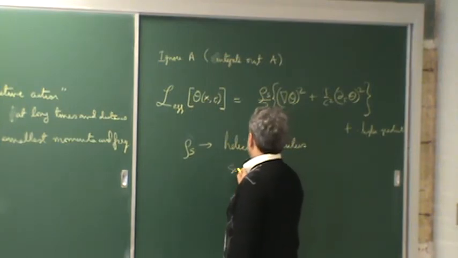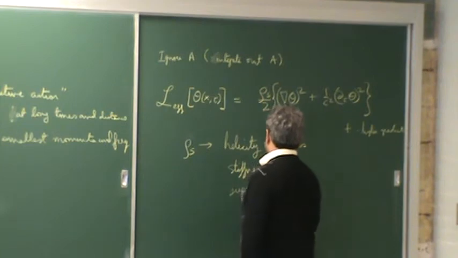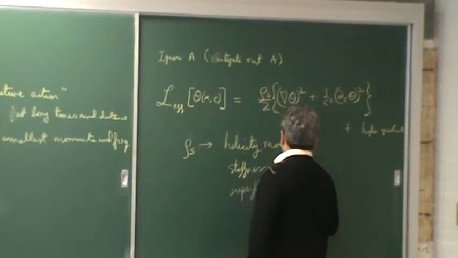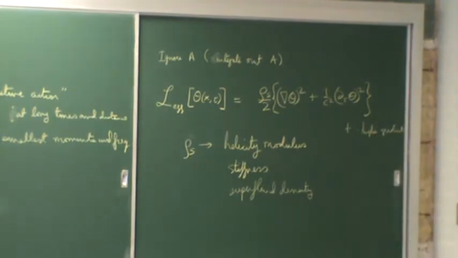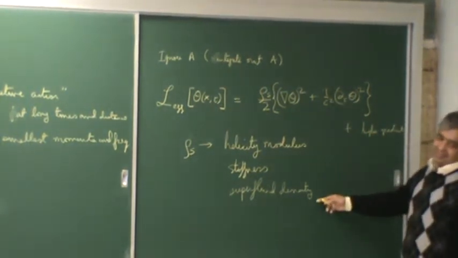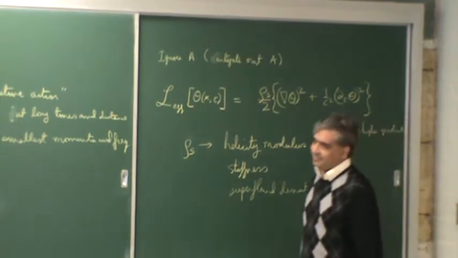Sometimes it's called the stiffness, or quite improperly the superfluid density, but it's really not a density. So these two names are acceptable. The last is kind of confusing, although unfortunately it's also the more common name, but it's misleading.